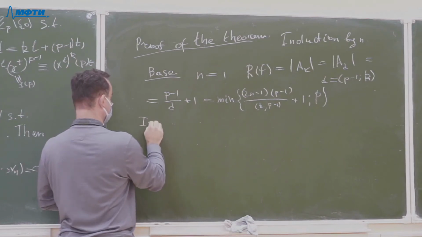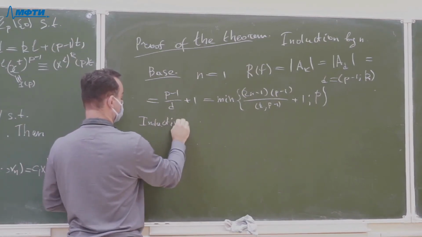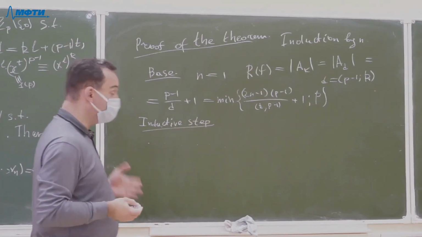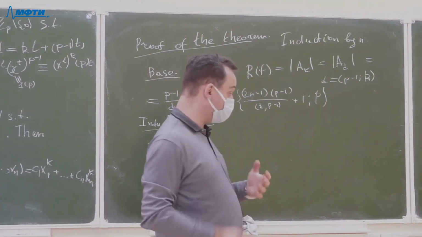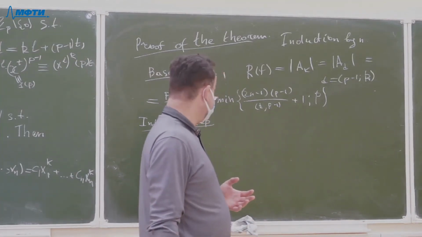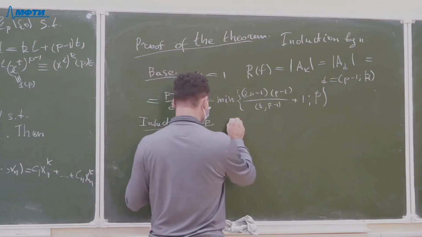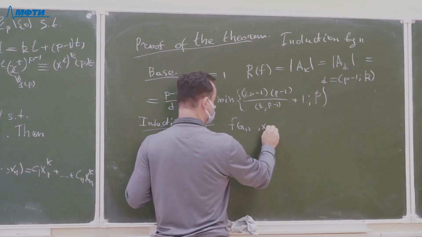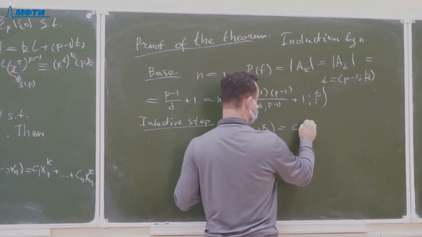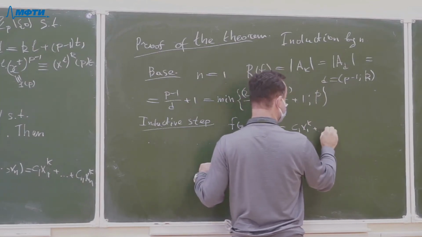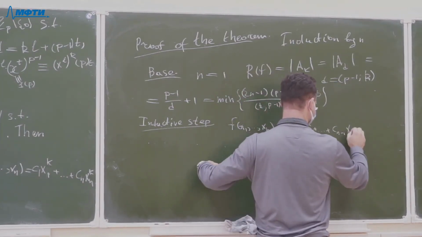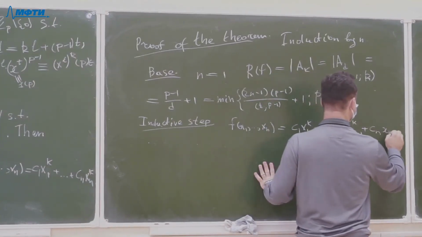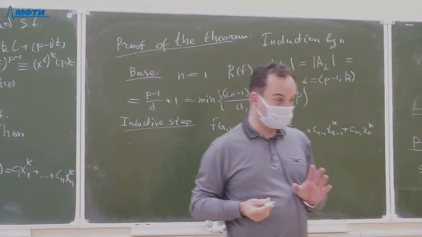Inductive step. Here, actually, this is the place where problems appear. Look, let's write this form as c1 x1 to the k plus and so on plus c_(n minus 1) x_(n minus 1) to the k plus cn xn to the k.